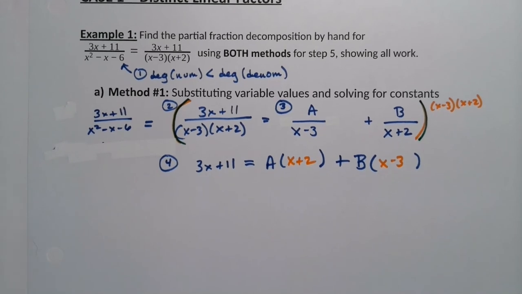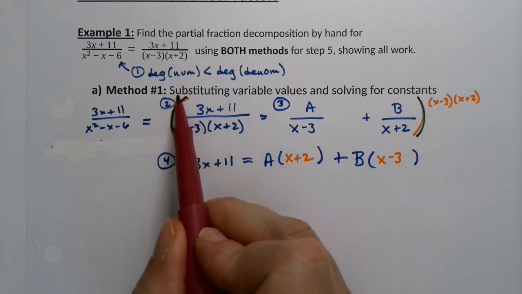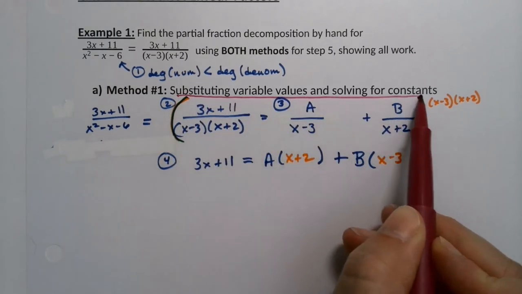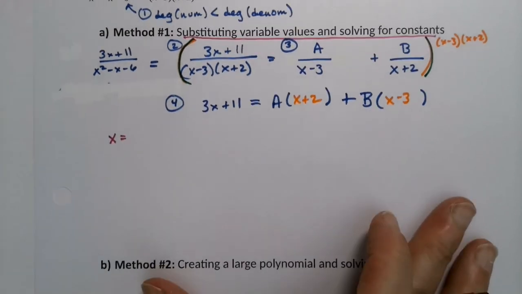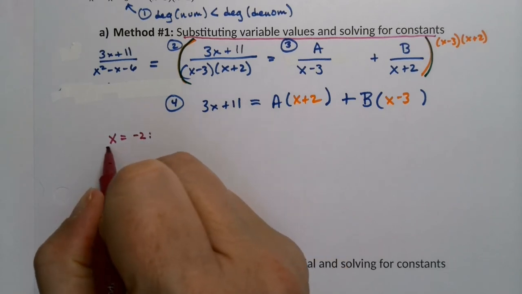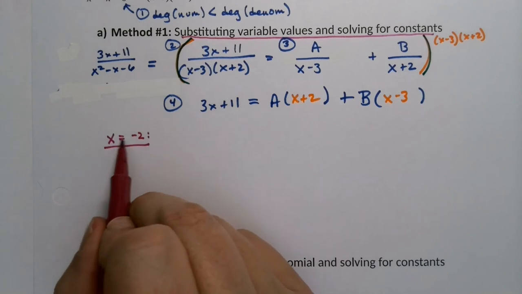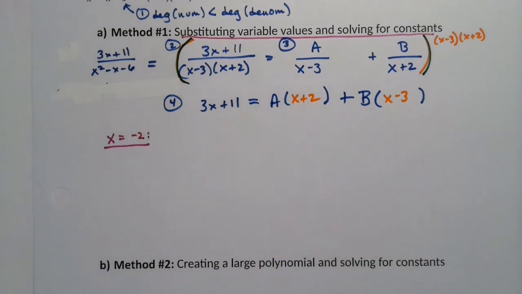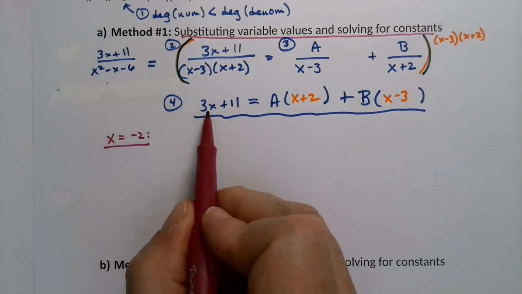So for step 5, for this method, we're going to substitute values and solve for constants. So we're going to pick some values for x, for the variable. I'm going to choose -2. I have my reasons. Take this equation, that's my base equation, and substitute -2 in there.